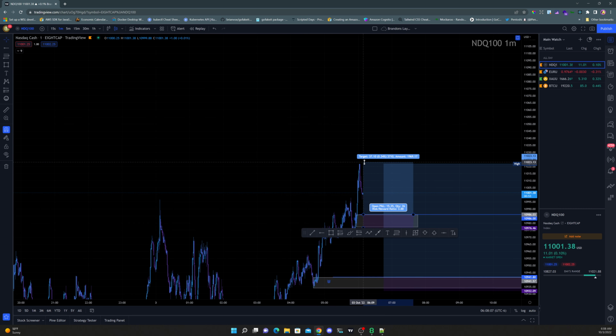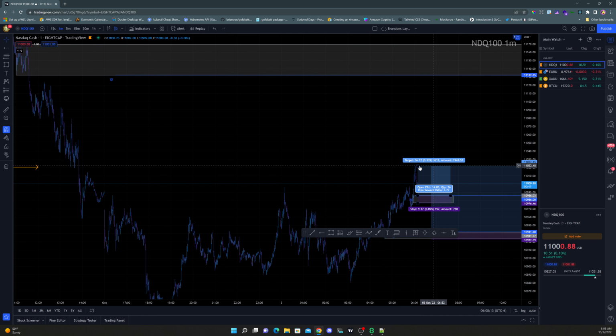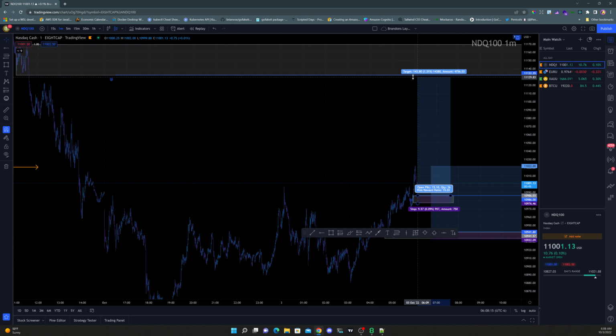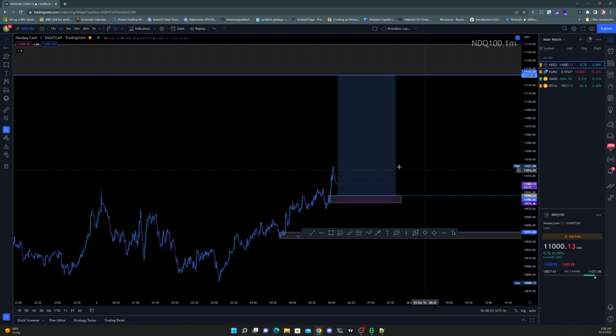All right. And if it were to come back and run here, that's a nice 1 to 3 just to run the high. But ultimately, if we wanted to see how much meat is actually on this bone, we've got 15 R's on this bone thus far. Let's remove this because we already know.